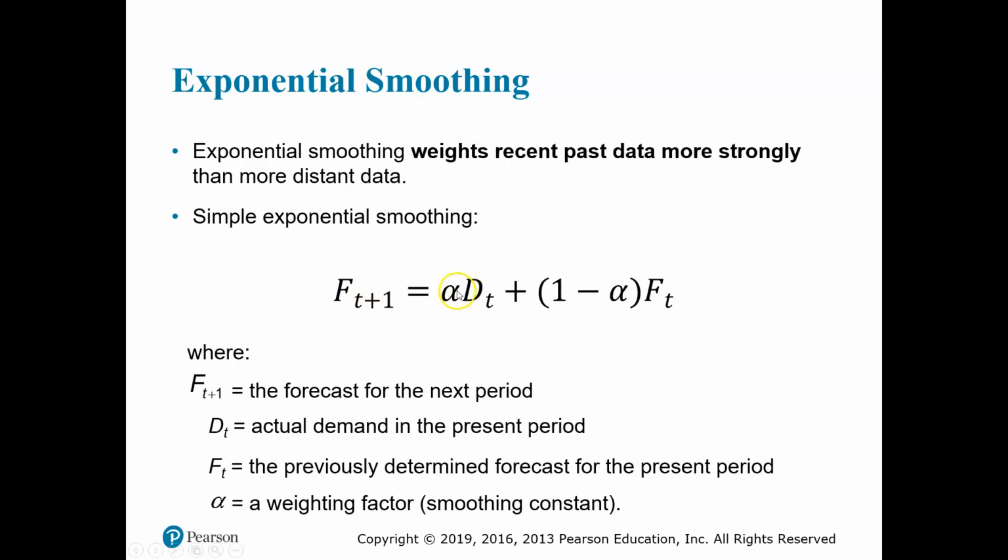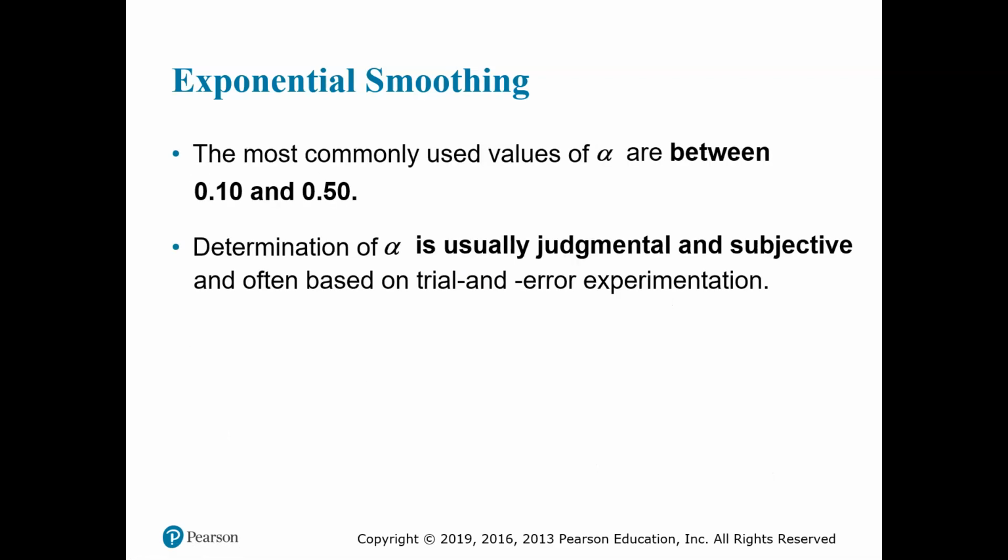So the decision we have to make here is, what value do we assign the smoothing constant? The most commonly used values of the smoothing constant are between 10% and 50%, 0.1 and 0.5. Determination is usually judgmental and subjective, and often based on trial and error.